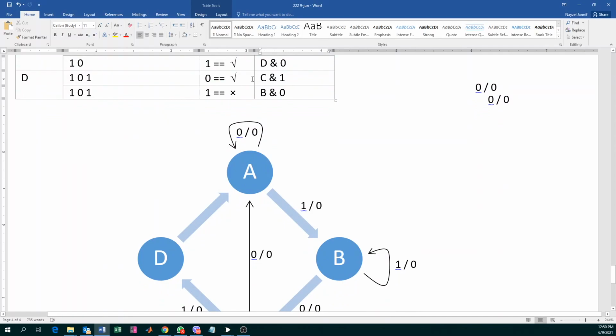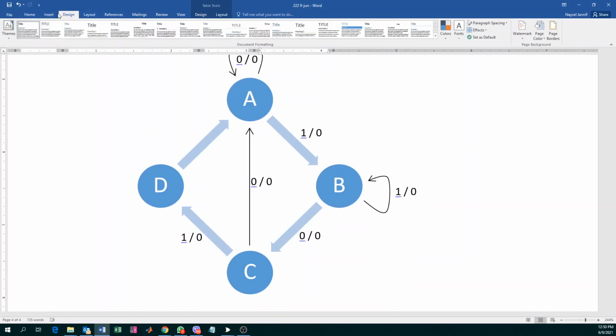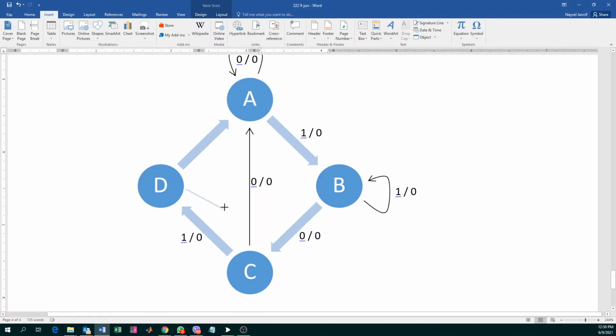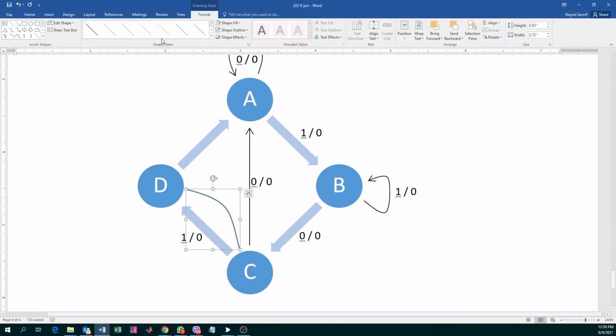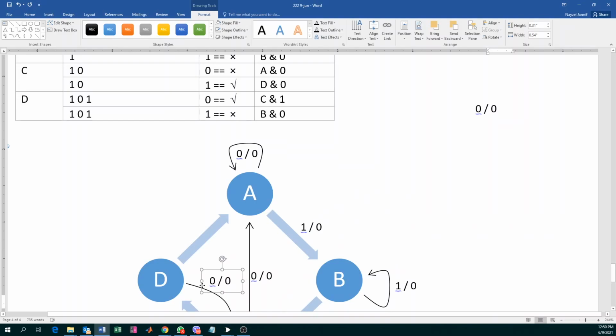D, if you have 1 0 1 0, you get a C, and your output will obviously be a 1.